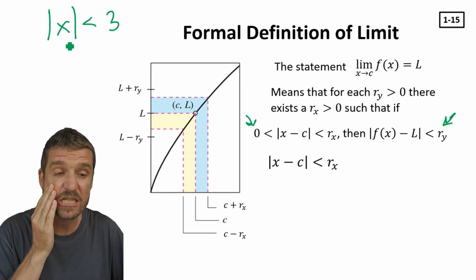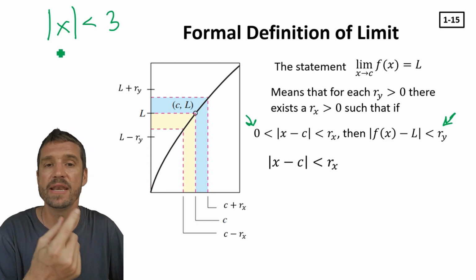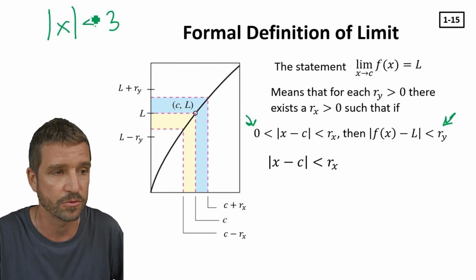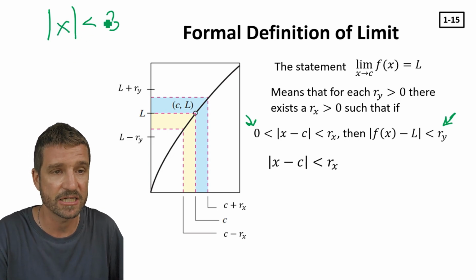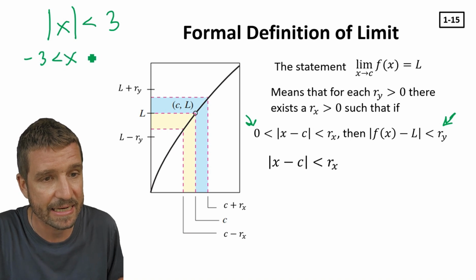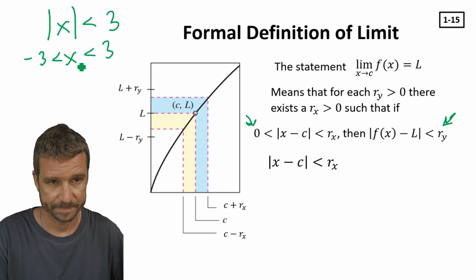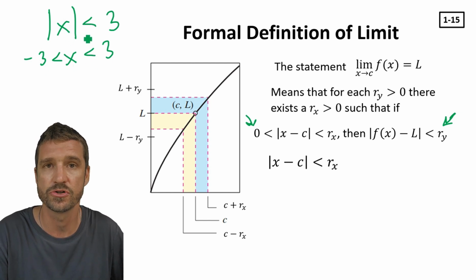What does that mean? Well, x could be 1, 2, and so on. x can also be negative 1, negative 2, and well, it can't be negative 3, right? Because it's not equal to. But what you can do is redefine the absolute value of x being less than 3 to be negative 3 less than x less than 3. Okay? For any x's between negative 3 and 3, this will still hold true.